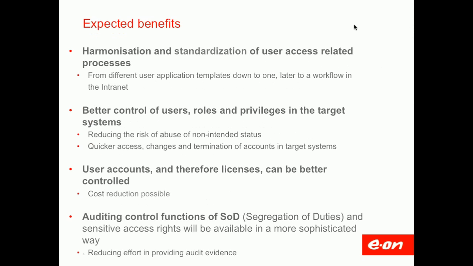There was no unified or harmonized approach in terms of how this company should deal with roles and privileges and users. There were many different ways, due to the fact that until 2008, 2009, every regional unit used to do their business in their own way. But now we were merged into one legal entity, and we had to find one way of doing this.